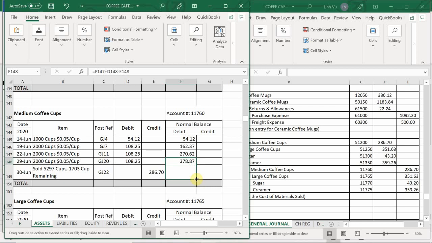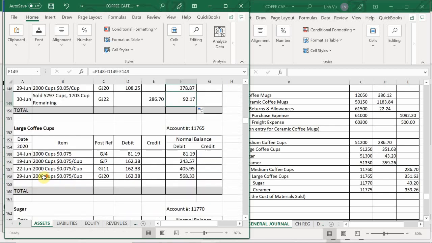I still have 1,703 left. 378.87 minus 286.70 is 92.17. Good, yes, it's good.